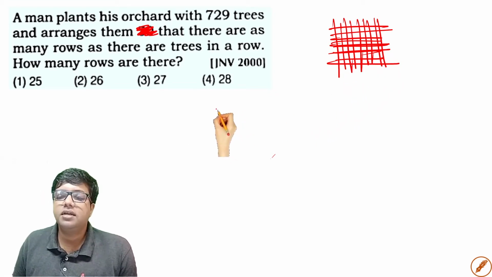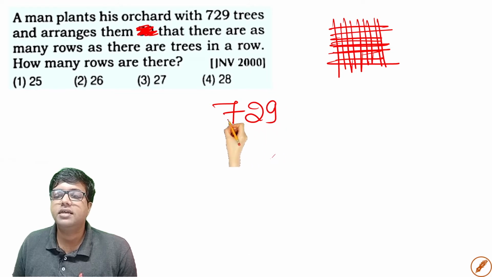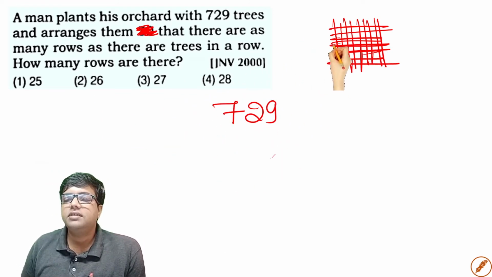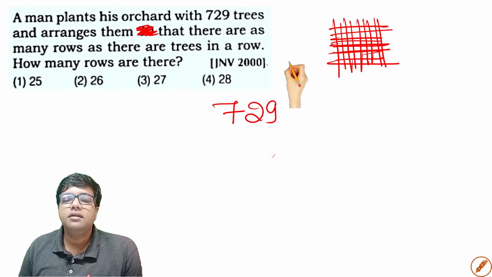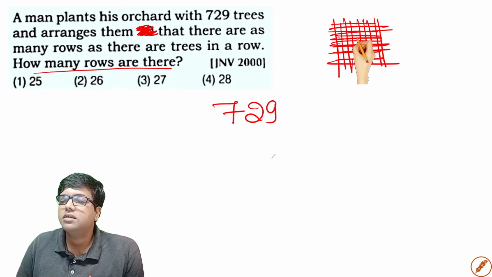Now how many trees are there? 729 trees are there. So if the 729 trees are arranged in the form of a square, the question asked is how many rows are there?